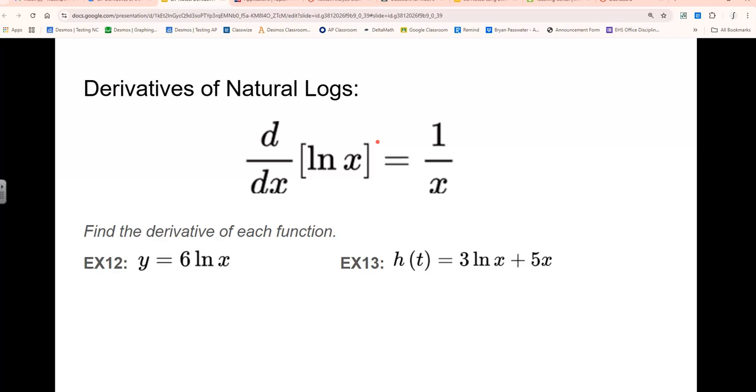So when I see something like this, I could just say y prime equals 6 is a coefficient, so it just kind of hangs out front. The derivative of natural log of x is just 1 over x. They will probably put that 6 over 1 and multiply this back together and just write it as 6 over x.